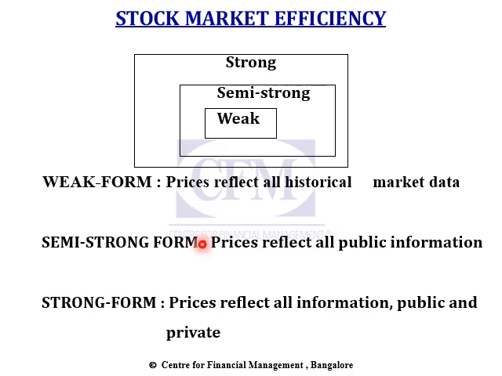Semi-strong form efficiency means that prices reflect all public information. All public information is a wider set of information which includes historical market data. In addition, it includes information found in annual reports, equity research reports, and information put out by various research agencies and governmental entities.